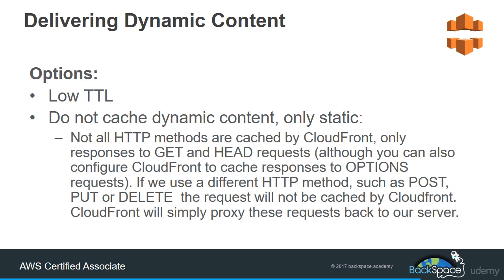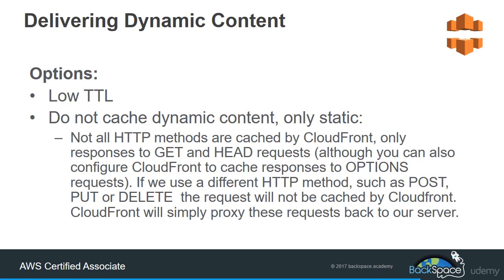CloudFront makes it quite easy to do that because not all HTTP methods are cached by CloudFront, only responses to GET and HEAD requests. Although you can also configure CloudFront to cache responses to OPTIONS requests also. If we use a different HTTP method, such as POST, PUT, or DELETE, those requests will not be cached by CloudFront.